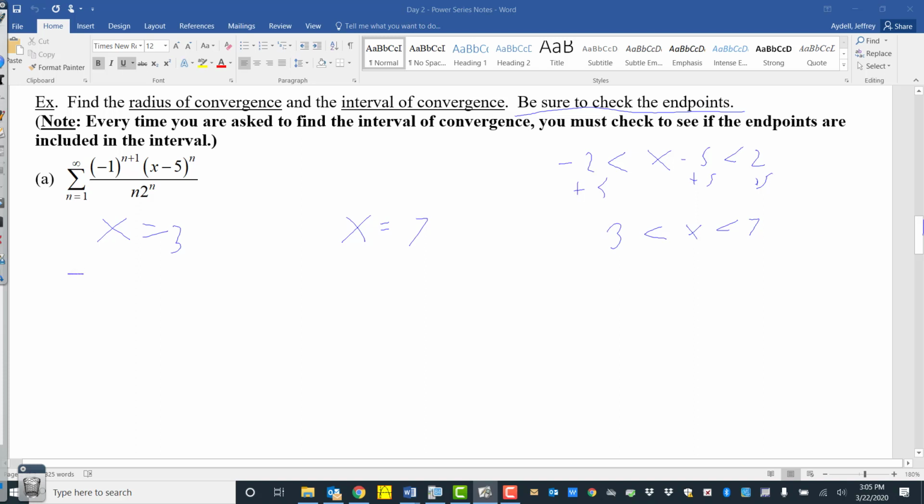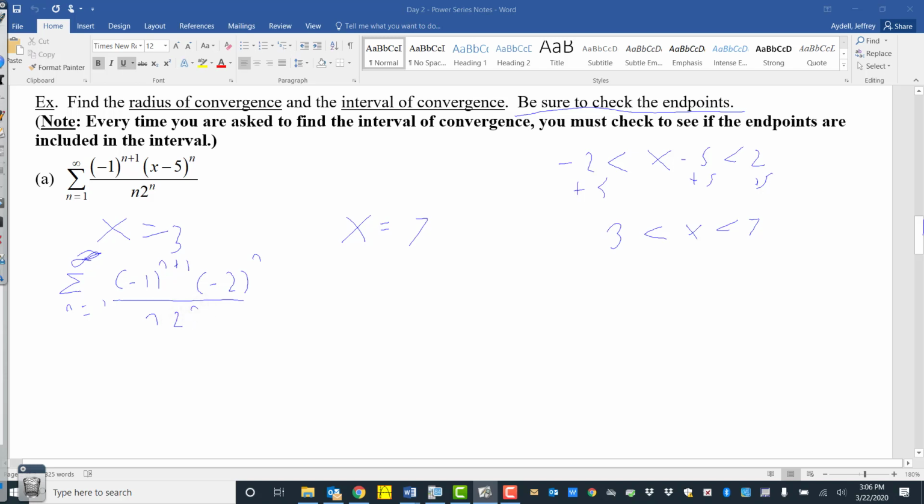So we have the sum from n equals 1 to infinity of negative 1 to the n plus 1 times, and then we'll plug in 3 for x, and that gives us negative 2 to the nth power over n times 2 to the nth power.